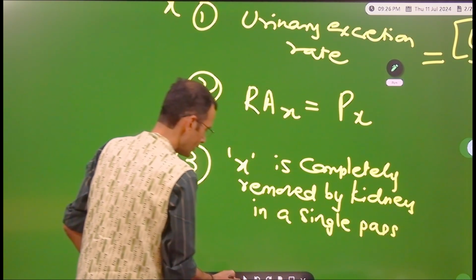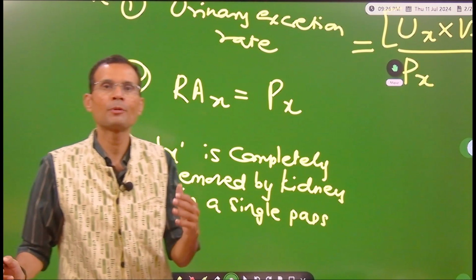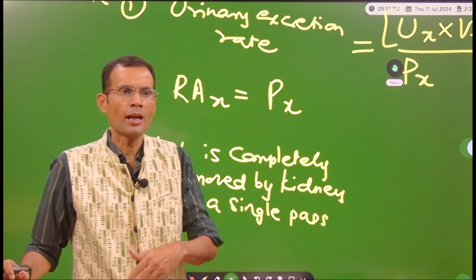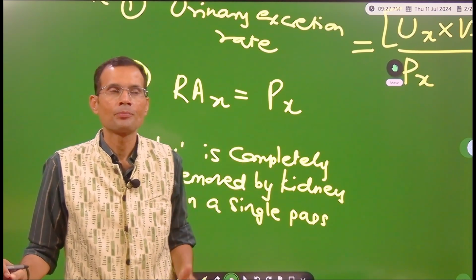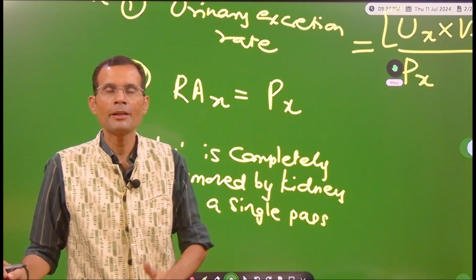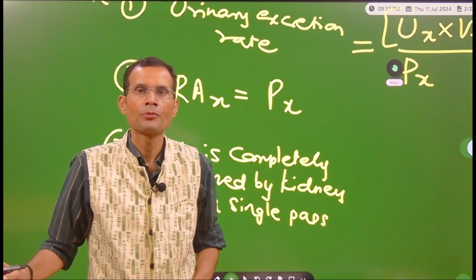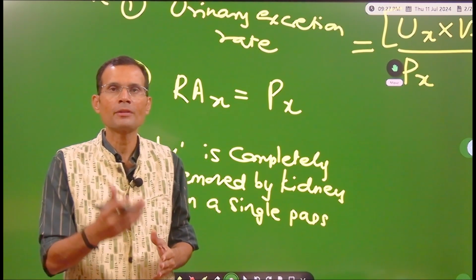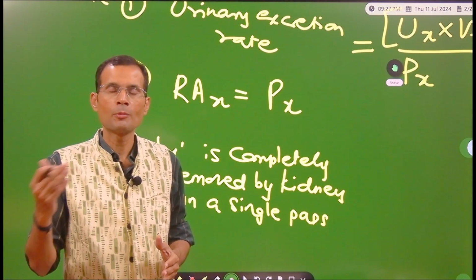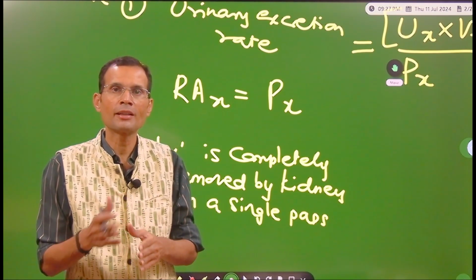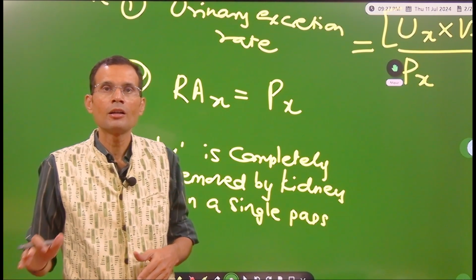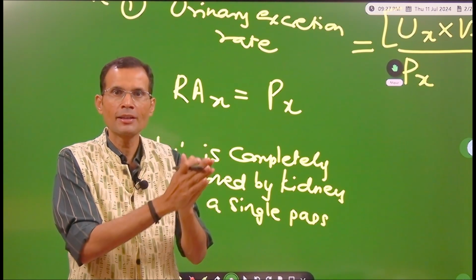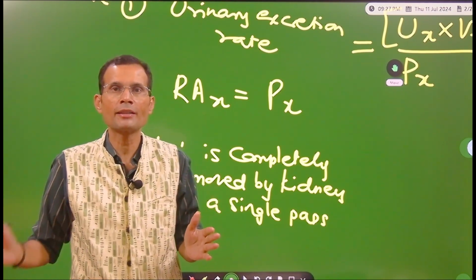Let's discuss this particular criteria or this particular property. There are substances in the plasma. They come into the kidney, they enter the kidney. Kidney handles them in a certain way, like 20% will be filtered, some of the substance might be even secreted, but the entire amount which was present in the plasma does not get excreted into the urine.